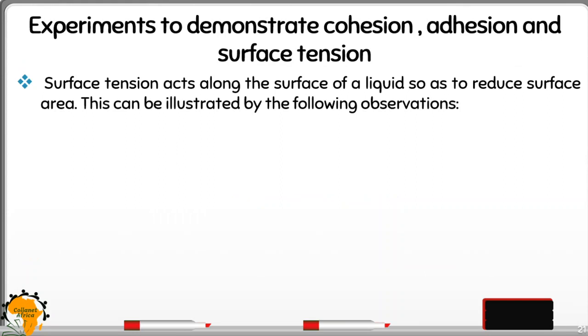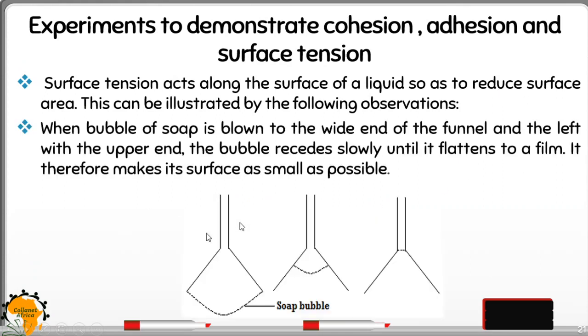Then we have that the surface tension will always act to reduce the area. And we can have these two examples here. We have a funnel. You have put this funnel on a soap solution, and therefore you have the soap film. Then you blow. As you blow from this side, the soap film will increase in size.